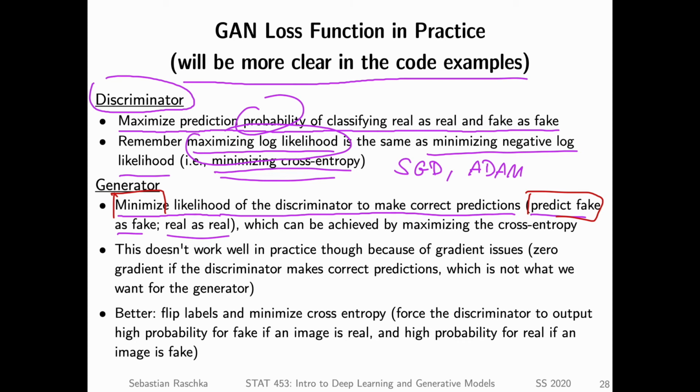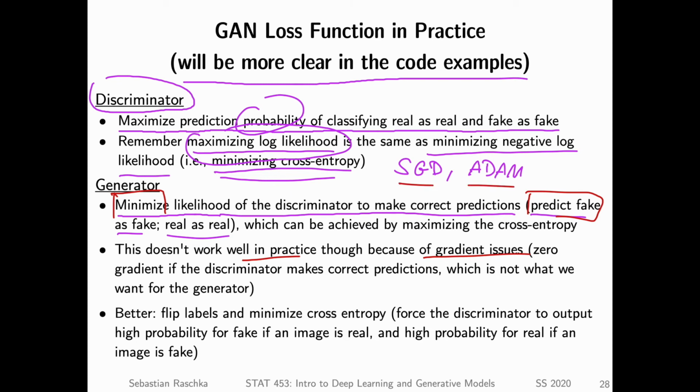But then we learned that minimizing the likelihood doesn't work very well in practice, because we have gradient issues where the signal is very weak in the beginning of the training when the generator is still weak and the discriminator is too strong. So in order to fix that, we turned that into a gradient ascent problem, where we dropped one term and maximized the likelihood. However, again, in PyTorch we have SGD and ADAM.